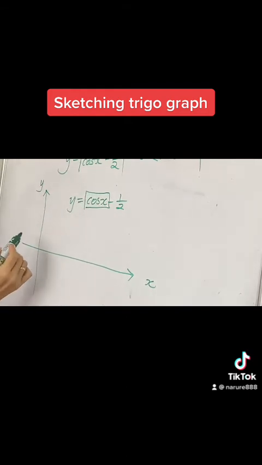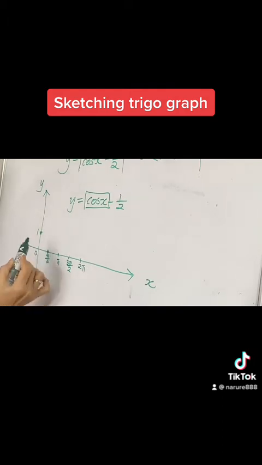Because it's a sketch, normally we don't use a ruler to measure. We just label 0, here pi, here 2 pi, and here pi over 2, then 3 pi over 2. Then you can press your calculator for cos x. Cos 0 is 1.